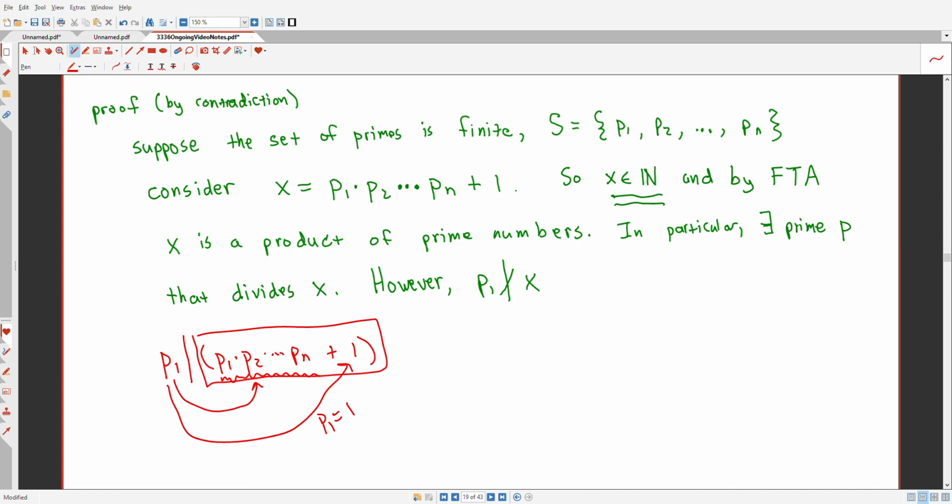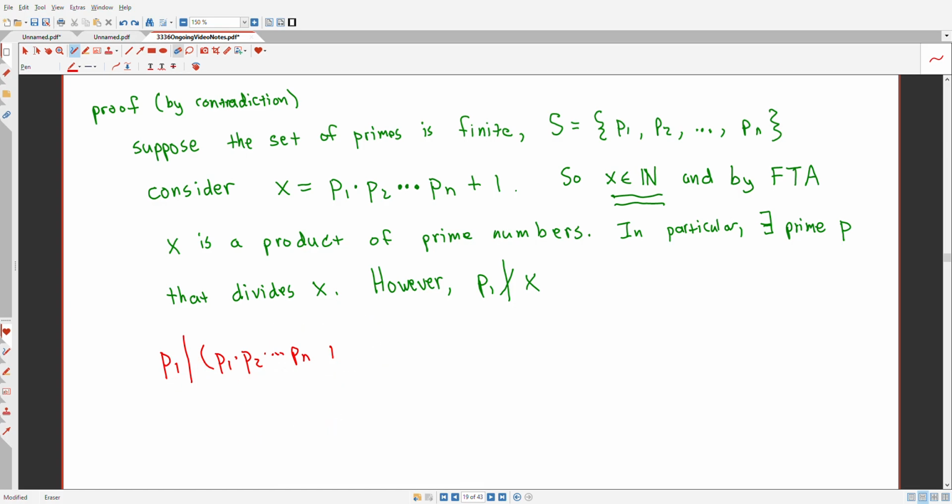There's nothing unique here about the first prime. I could do this for P2, I could do this for P3, I could do it for any of the Pi's. So what we really have here is that not only does P1 not divide x, but P2 can't divide x, P3 can't, none of the P sub i's can divide x.